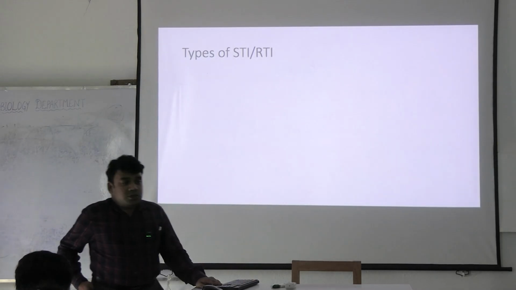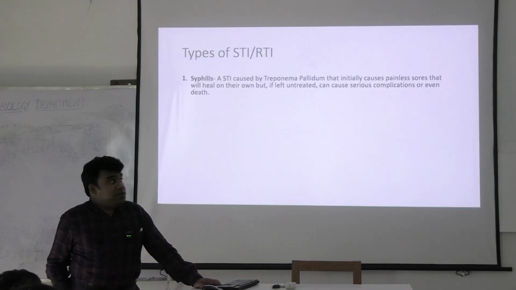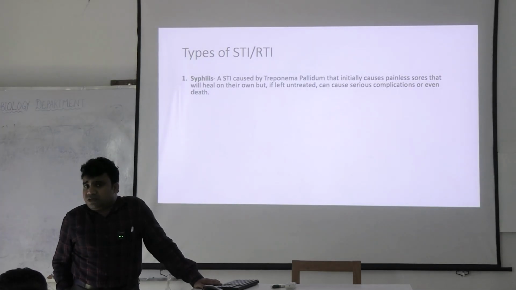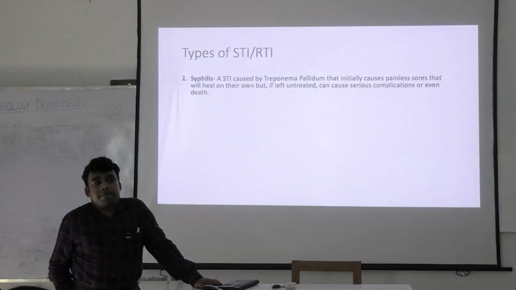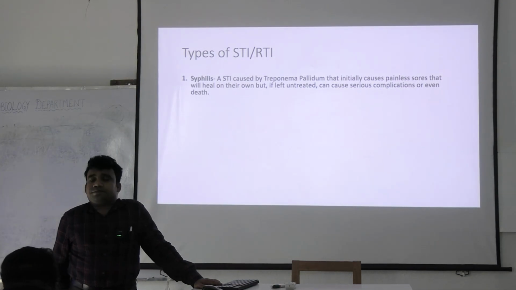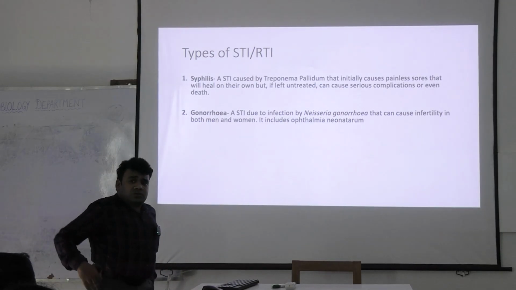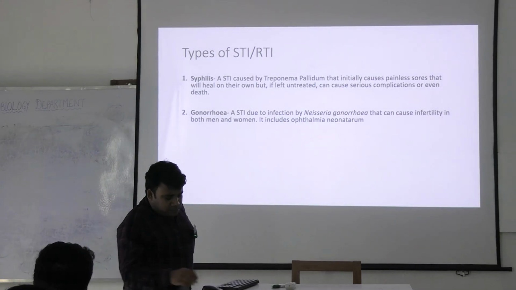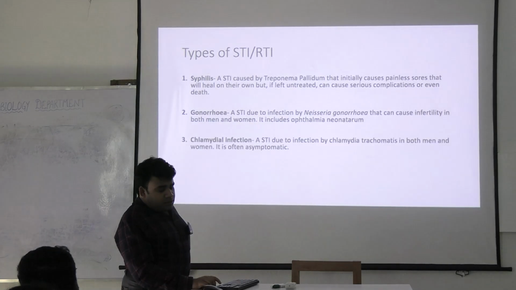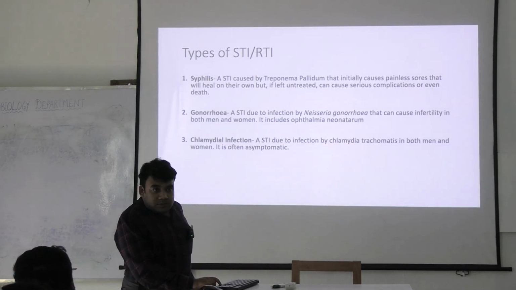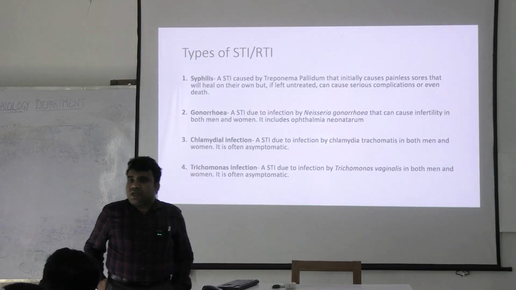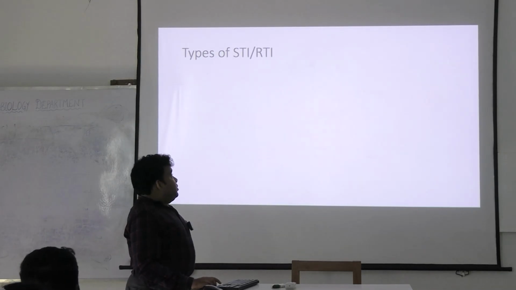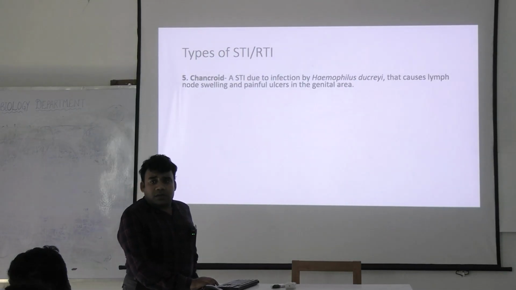Now, let us look at the types of infections which have been categorized. The first type of infection, I think you have already been taught about, is syphilis, caused by Treponema pallidum. The next type of infection is gonorrhea, caused by Neisseria gonorrhoeae. Then chlamydia, which has specific serovars. Then trichomonas, Trichomonas vaginalis, then chancroid caused by Haemophilus ducreyi.